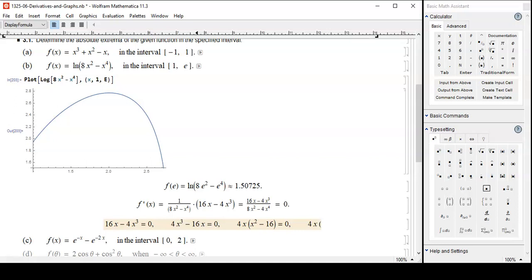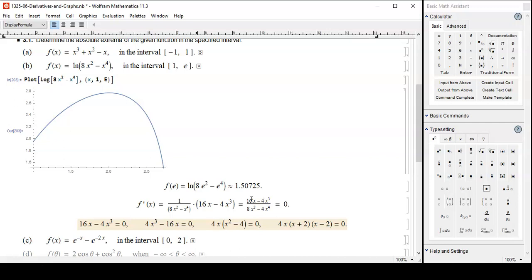So 4x, x plus 4, x minus 4. Oh, I divided by 4, so this should be 4. Sorry about that. So x plus 2, x minus 2. Is that right? I was talking and doing the computation and typing at the same time, so I ended up making a mistake there. But hopefully you were able to see it.